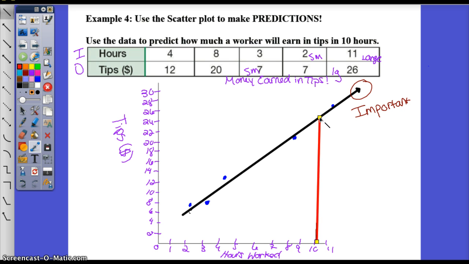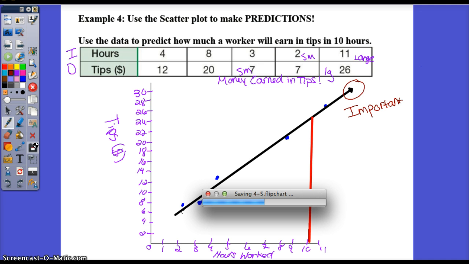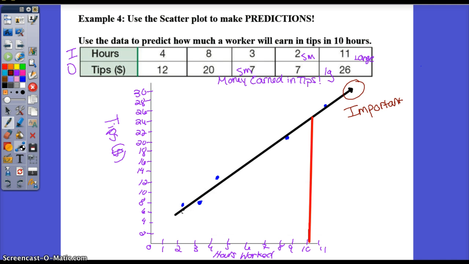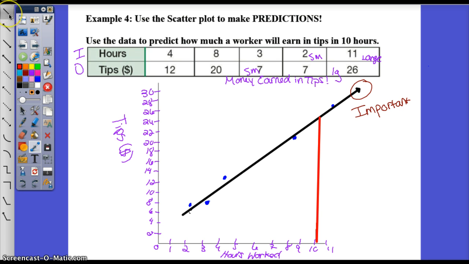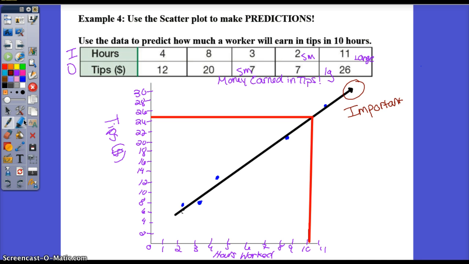And then I'm going to draw a line straight over to my y-axis, starting there. And wherever it lands, that's where my point is.